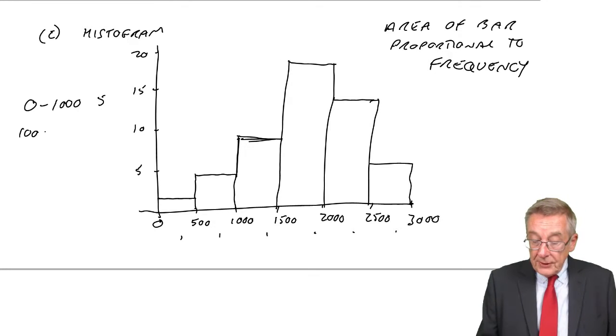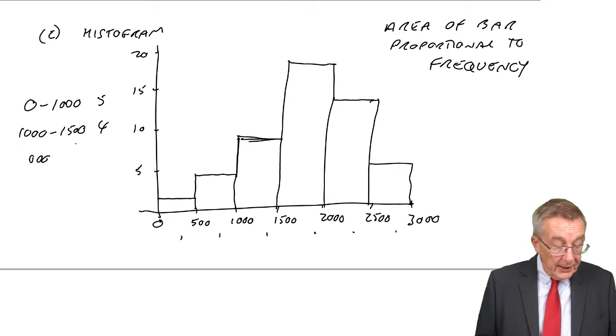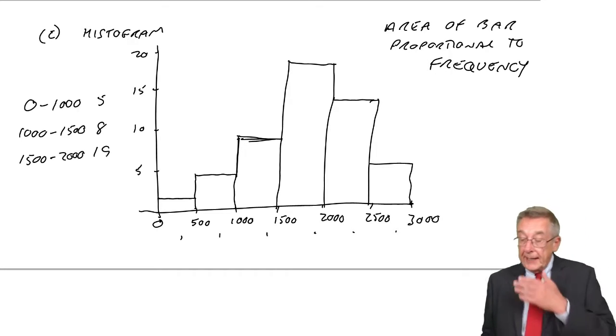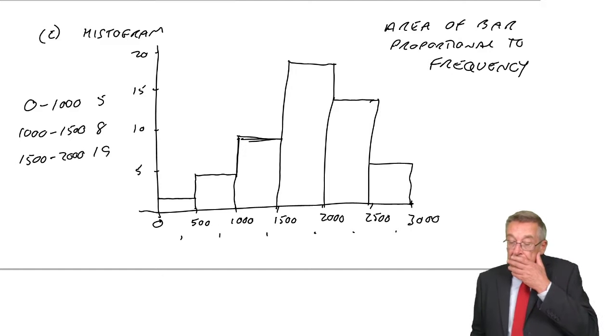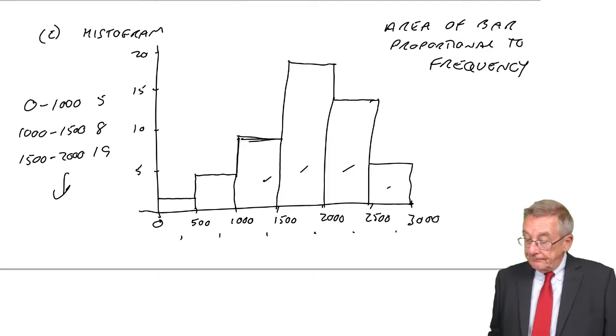And then 1000 to 1500, total 8, I beg your pardon. 1500 to 2000, total 19, and to carry on the same way. All the later ones are the same.